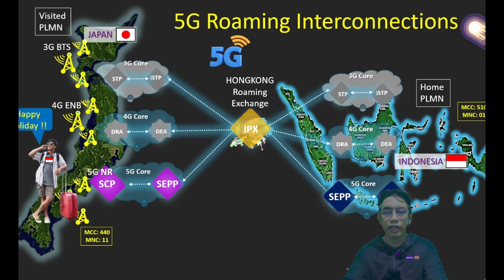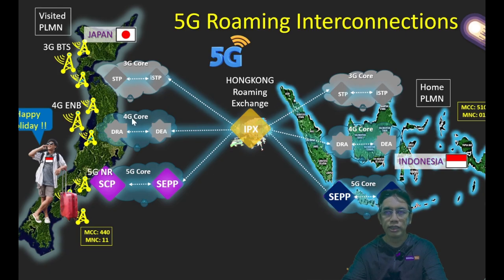Traditionally, we have 3G roaming and 4G roaming interconnection. In 3G interconnection for roaming, we have the connection between the two mobile network operators where the network edge of each operator, the STP or signaling transfer point, is interconnected with the roaming exchange.